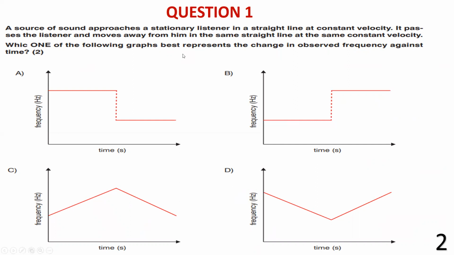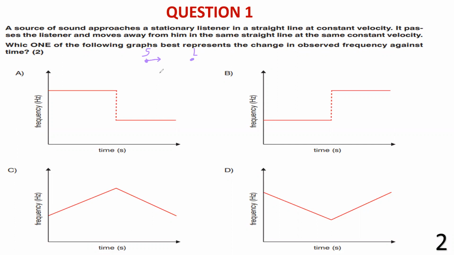Which graph is correct? For this kind of question, we use 2 points to make it easy for you. The first point shows the source of sound, and the second point shows the listener. We just say S and L. So when the source of sound is coming closer to the listener, or the listener is coming to the source, or they are both coming to each other, it's fine.